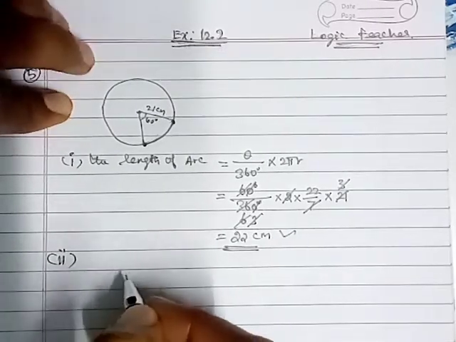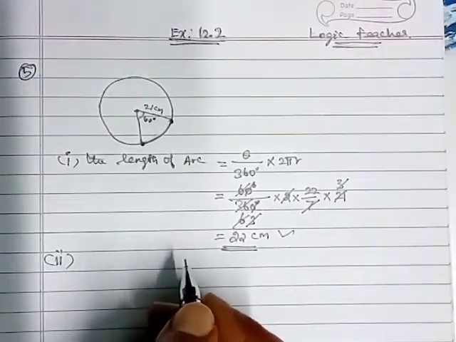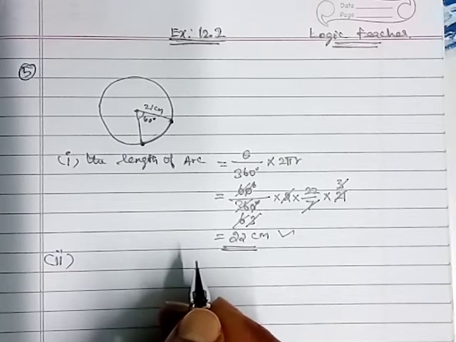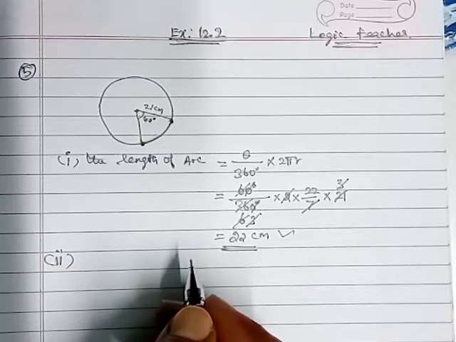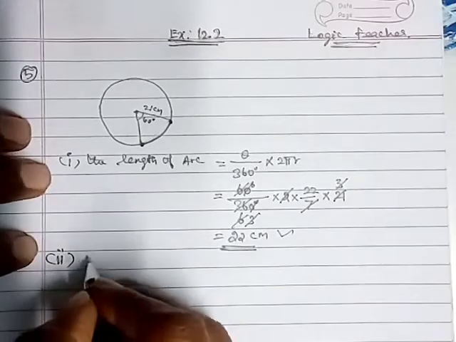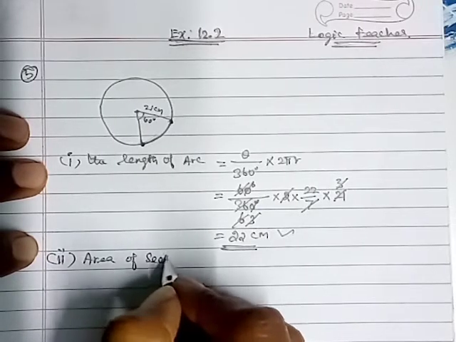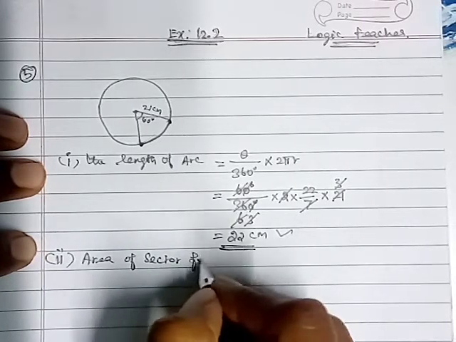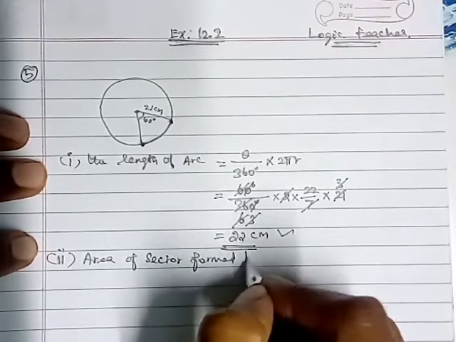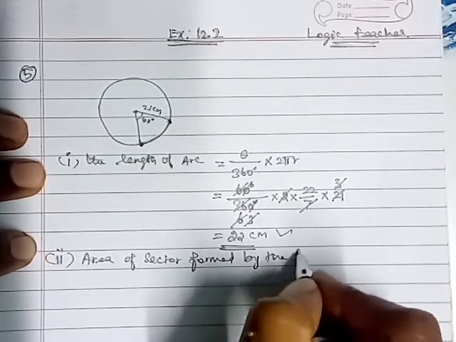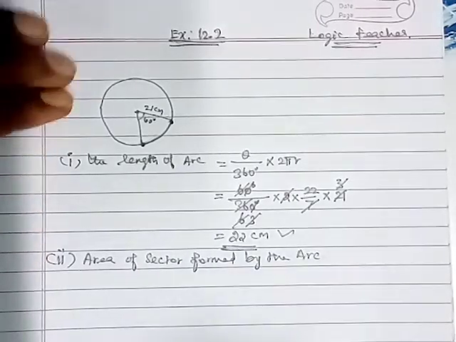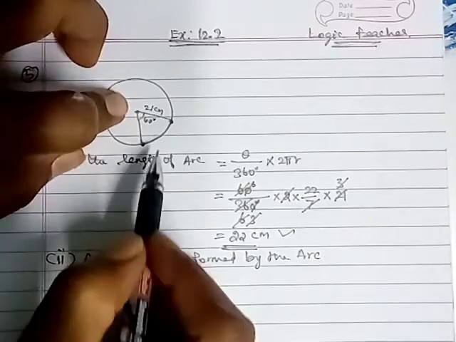Next one is we have to find, let me read the question. Area of the sector formed by the arc. Okay, which is the arc?